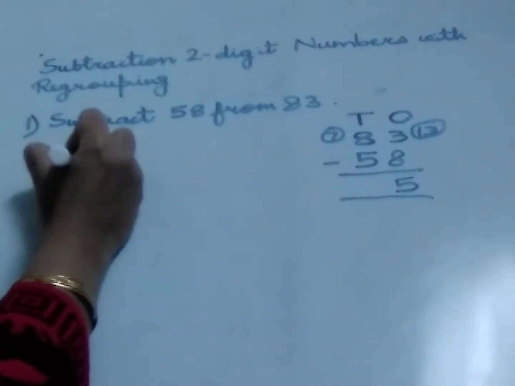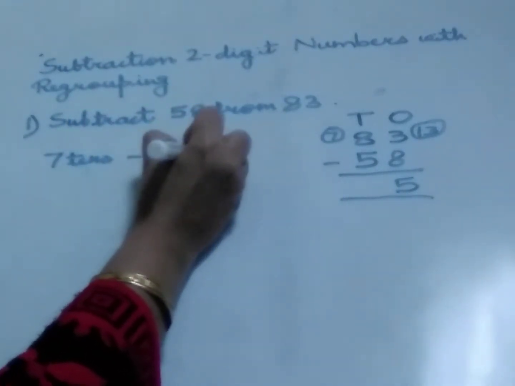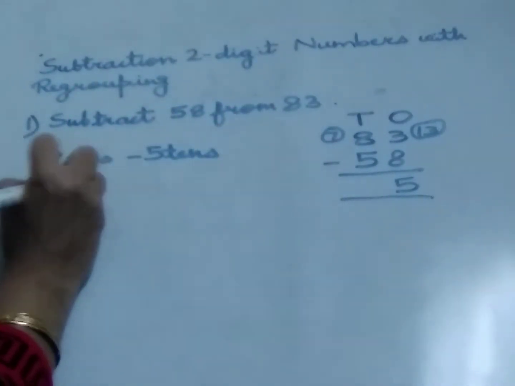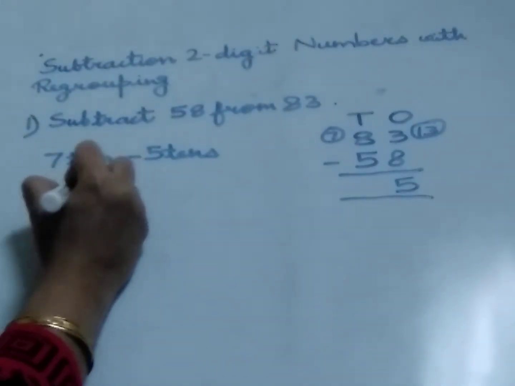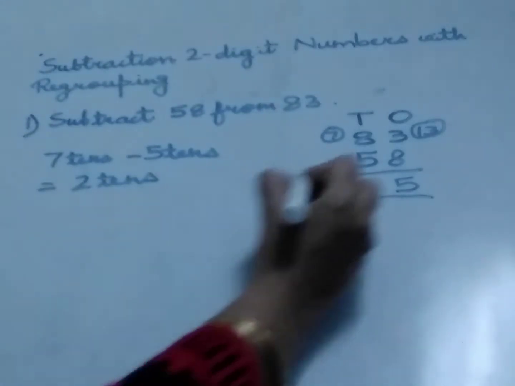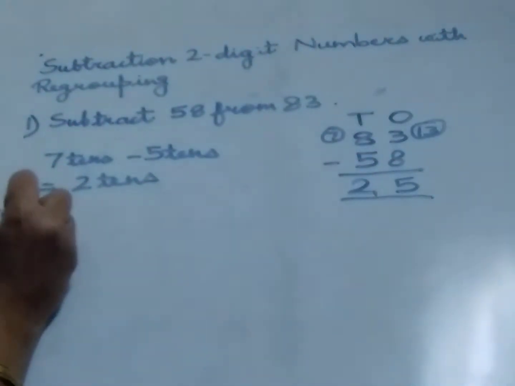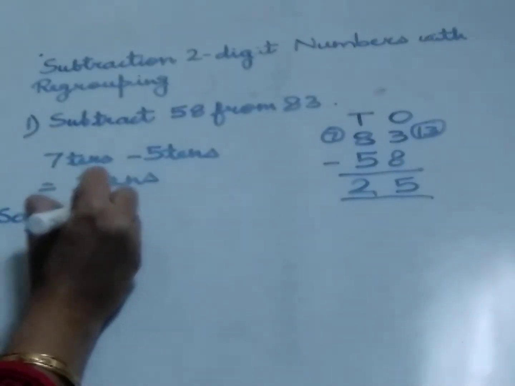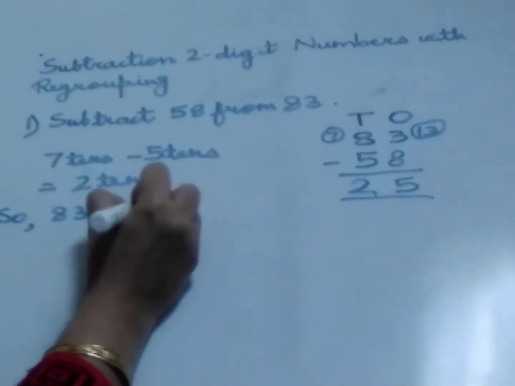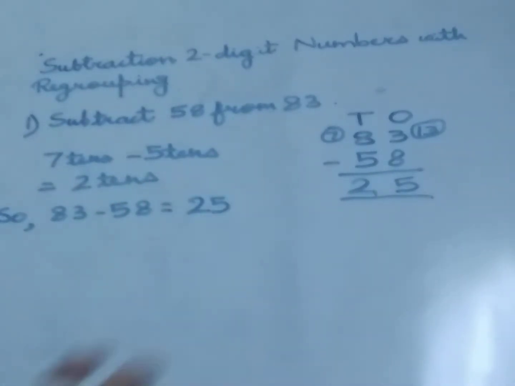So 7 tens minus 5 tens is equal to 2 tens. So write 2 in the tens column. So 83 minus 58 is equal to 25.